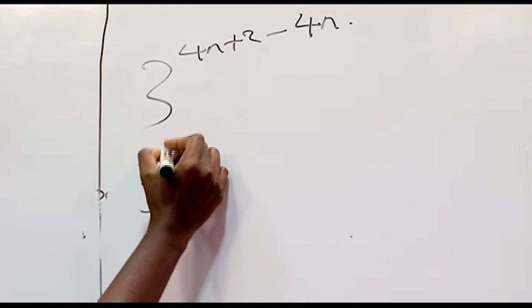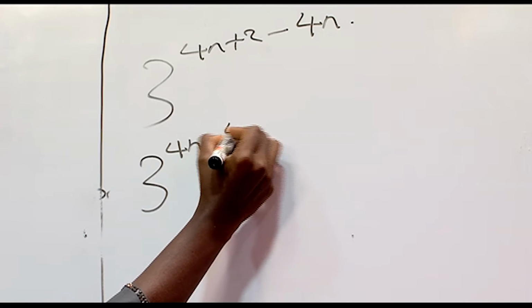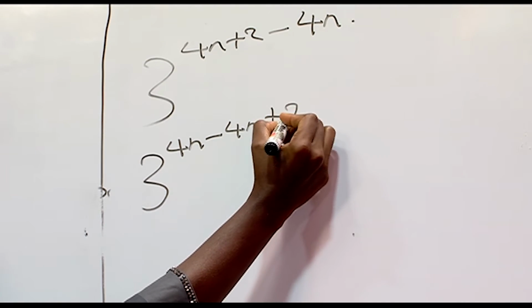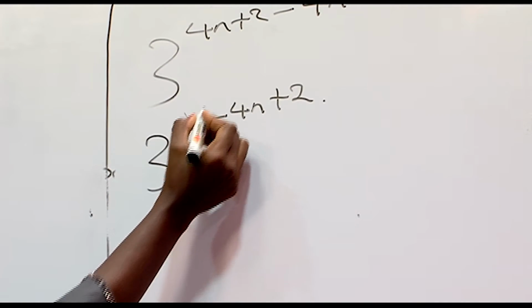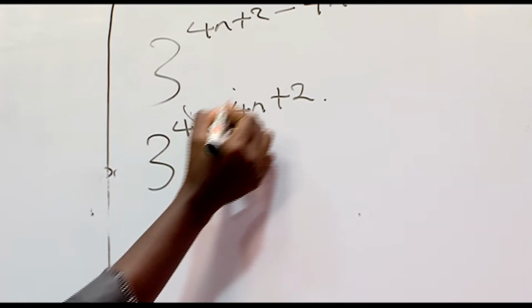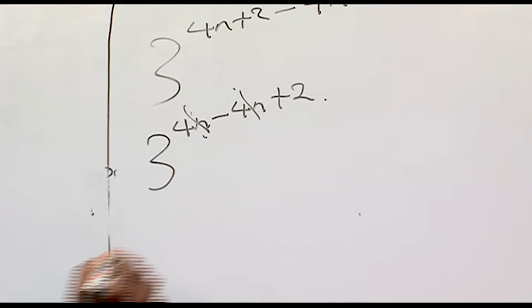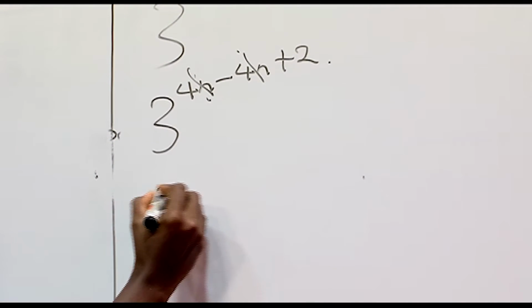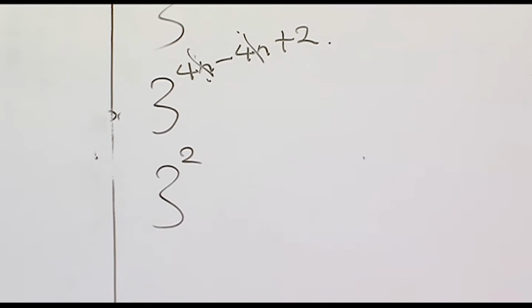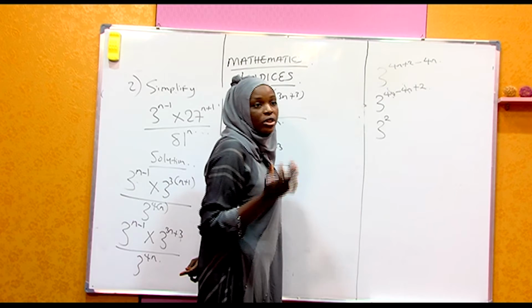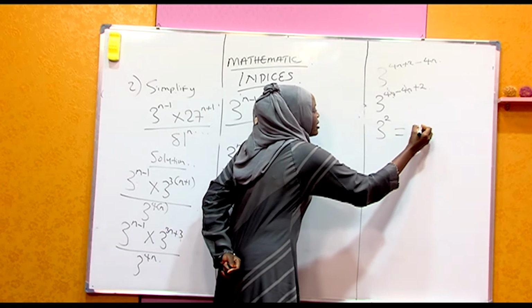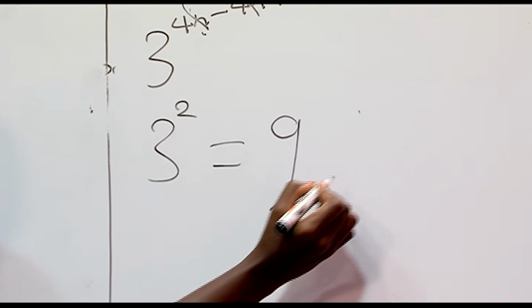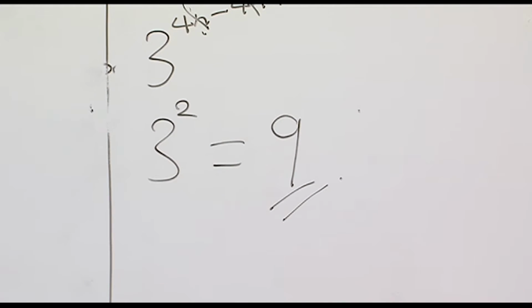So we have 3, 4n minus 4n plus 2. We have 4n to subtract 4n. That will give us 0. So now we no longer have any 4n there. What is left is the plus 2, which is 3 raised to power 2. And 3 raised to power 2 will give you what? We give 9. So our final answer is 9. We have simplified the indices.